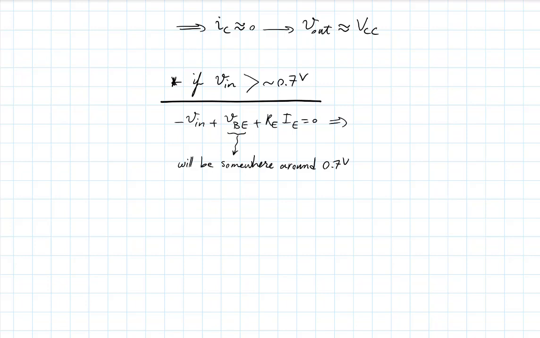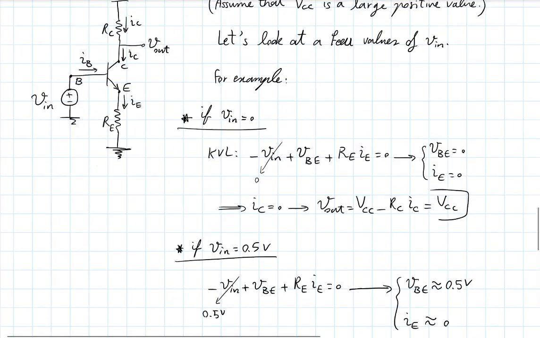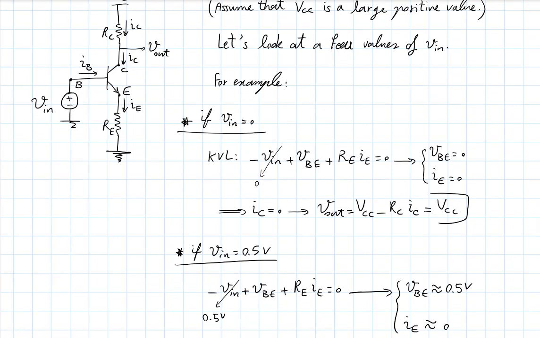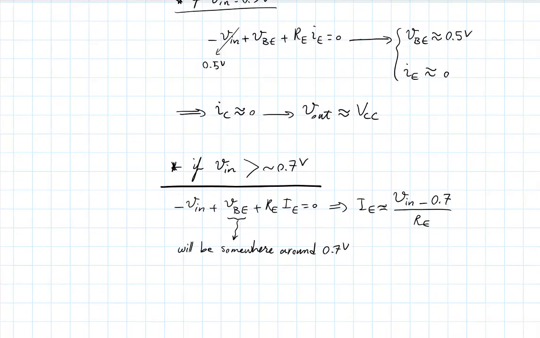So from here now you can calculate IE as V in minus 0.7, now this is approximate, divided by RE. Because you see, as you keep increasing V in more, that additional increase will drop across this resistor and gives you a current like that.